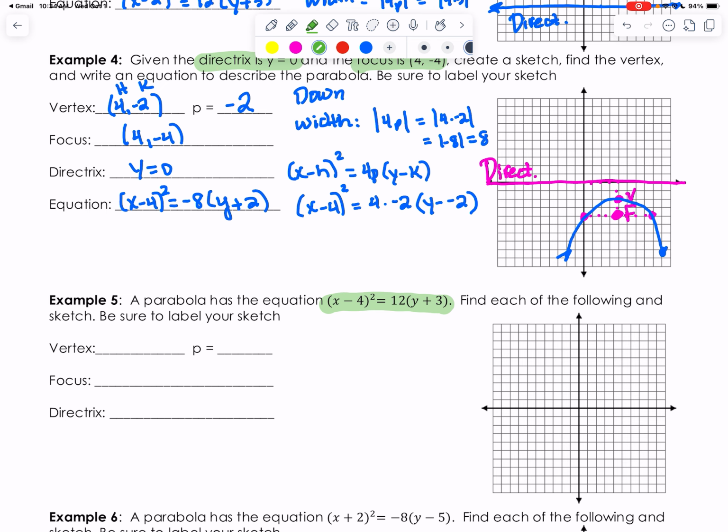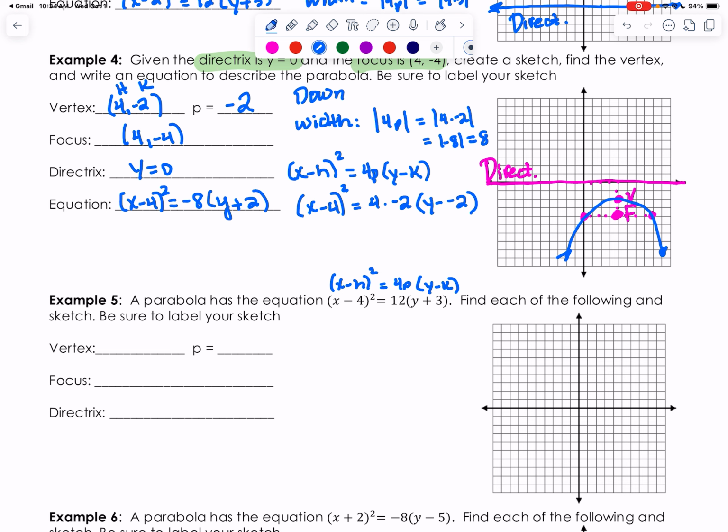Now I'm giving you an equation, and I want you to find the given information. So above your equation, what I would do to start this is I would write the general form right above it. So I would put (x minus h) squared equals 4 times p times (y minus k).